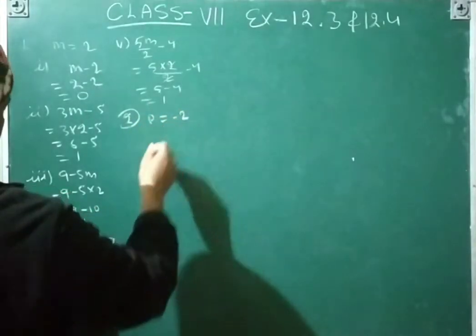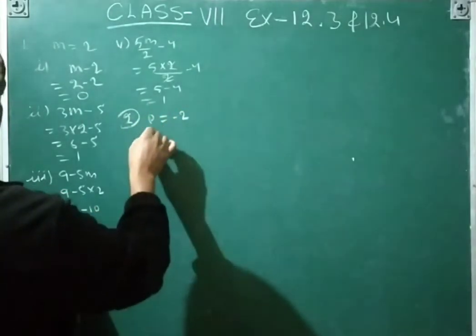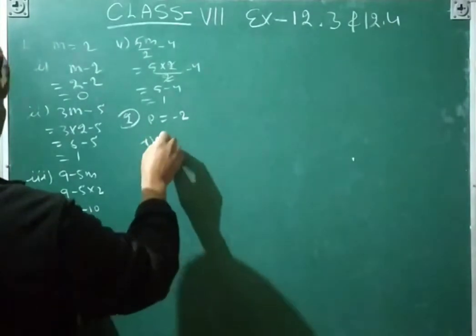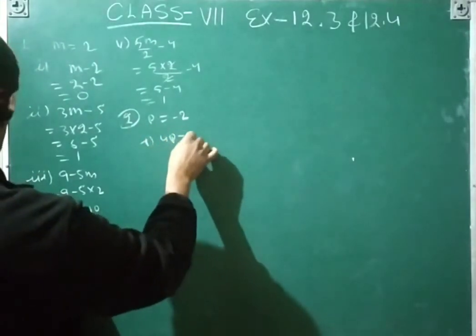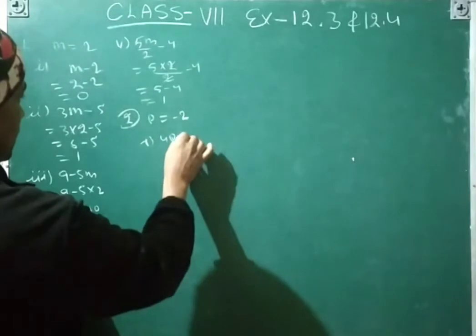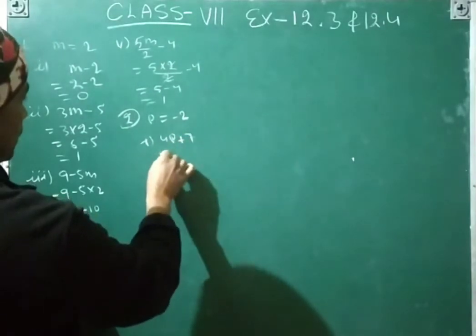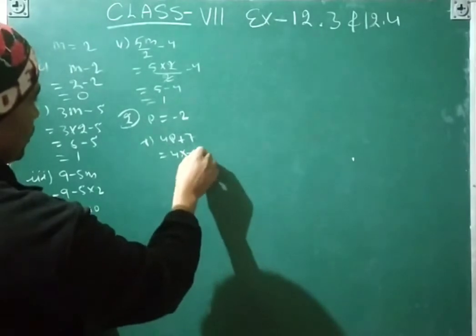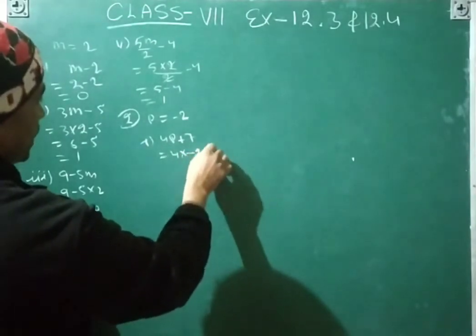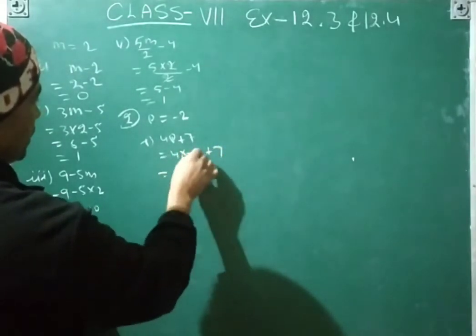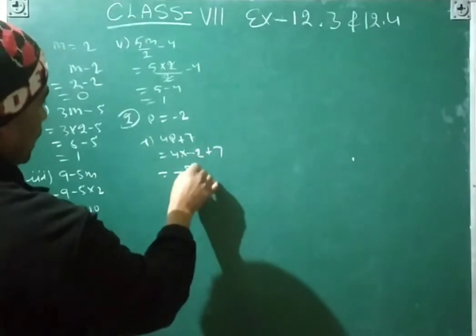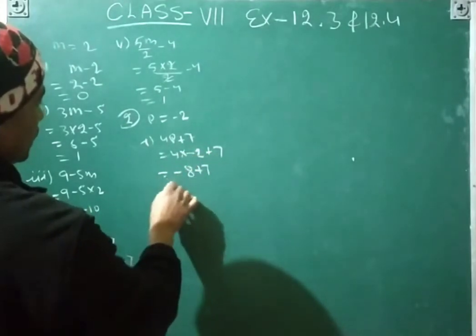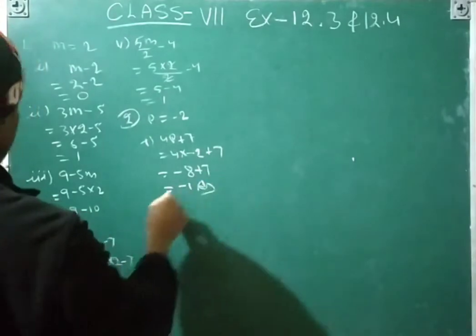First part: 4p plus 7, so that is 4 into minus 2 plus 7, which is minus 8 plus 7, so that is minus 1, answer.